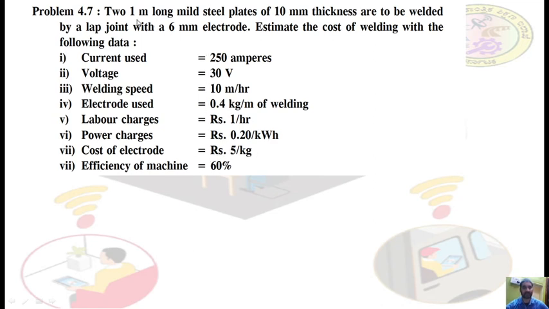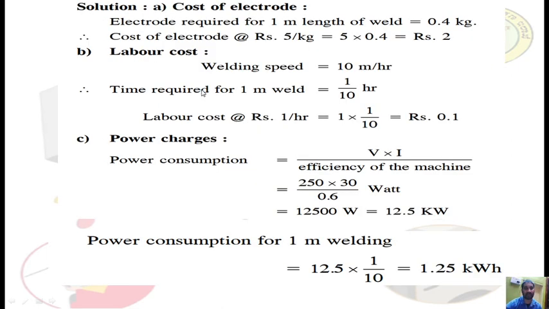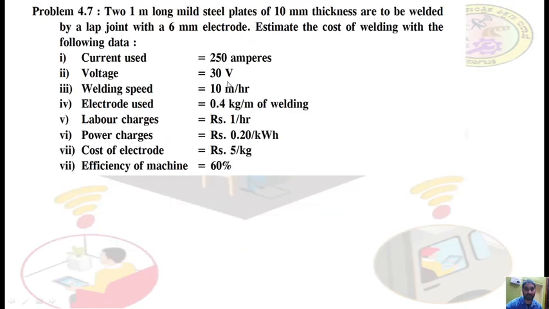So the two 1 meter long mild steel plates 10 mm thickness are to be welded by lap joint, 6 mm electrode. So 1 meter long means that our plate length is 1 meter, that is welding length is also 1 meter. Since the welding length is 1 meter, here it is given that the electrode used is 0.4 kg per meter of welding.